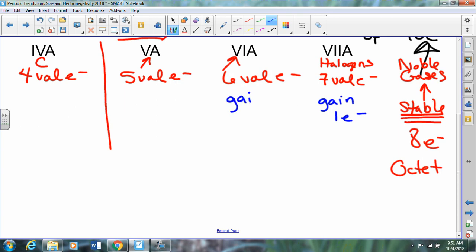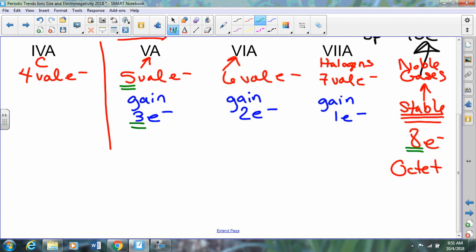In the case of nitrogen, they're going to gain 3 electrons. You can kind of see here that if you have 5 and you add 3, you get to the magical octet, 8. That's what's happening here. The nuclear charge is pulling for these electrons.